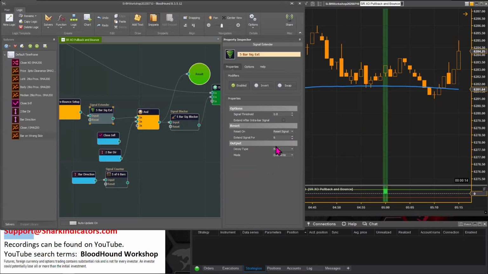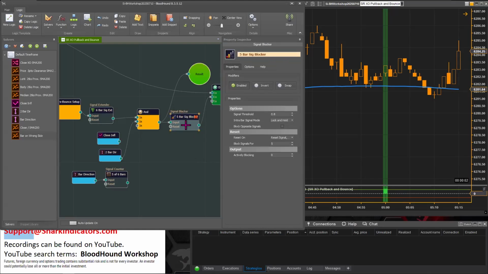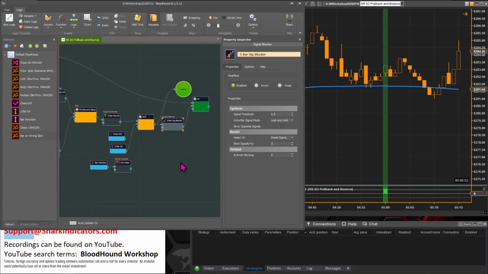Let's see, 6 bars. Okay, so I had to adjust it to 6 bars there. I'll leave it at 6 bars. And then also our signal blocker, actually, I think that can stay at 5.